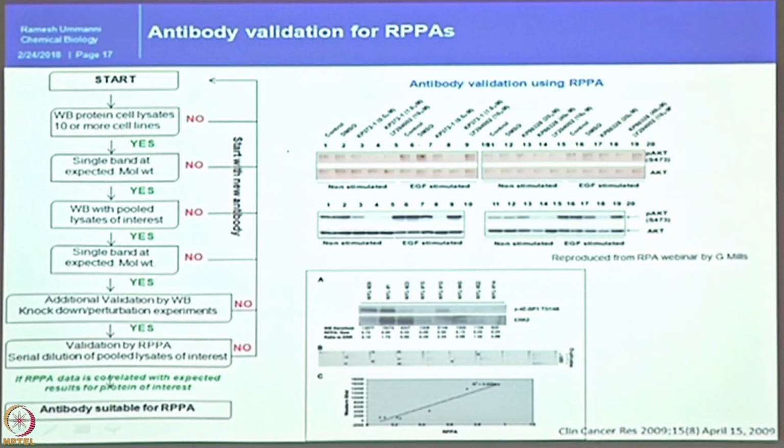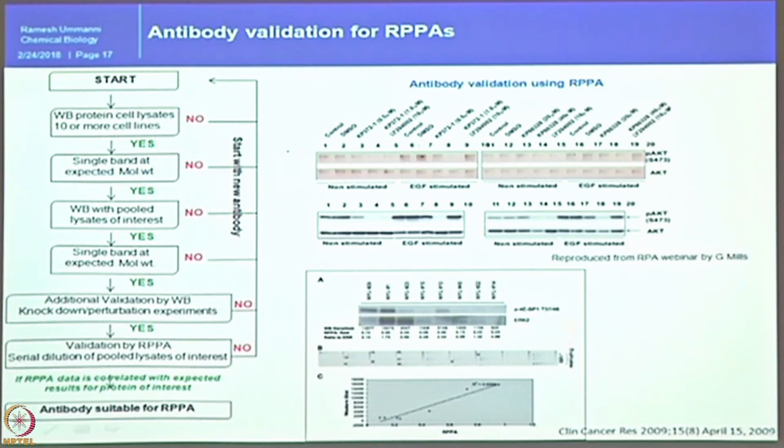This paper was published in Clinical Cancer Research, where the RPPA data correlated very well with the Western blot data. For the same sample set, the RPPA data was generated and compared with the Western blots generated from the same sample set.